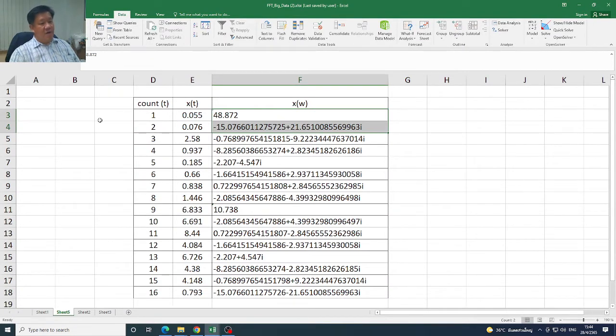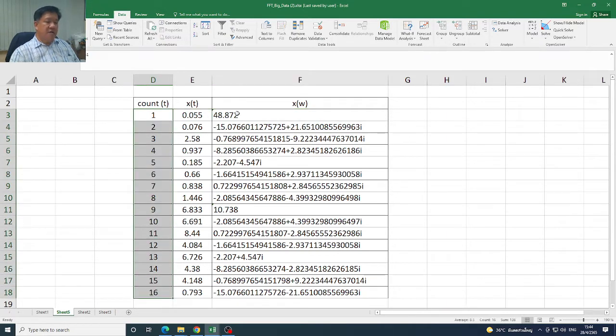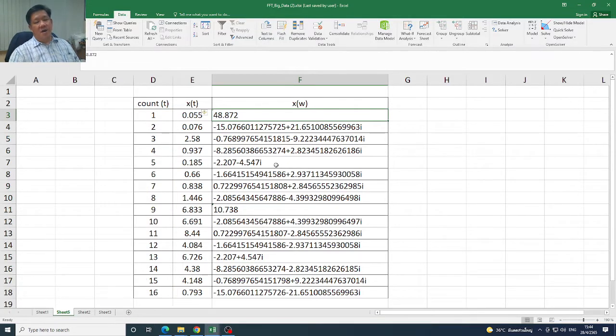Once you know the resolution of the discretization of these 16 numbers in the time domain, you multiply each of these numbers by delta, and you get the real amount in terms of units of the frequency domain.